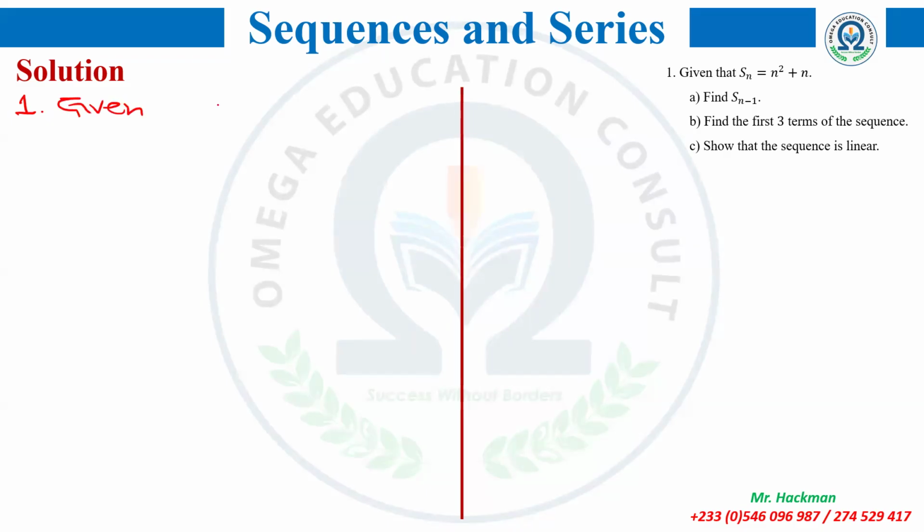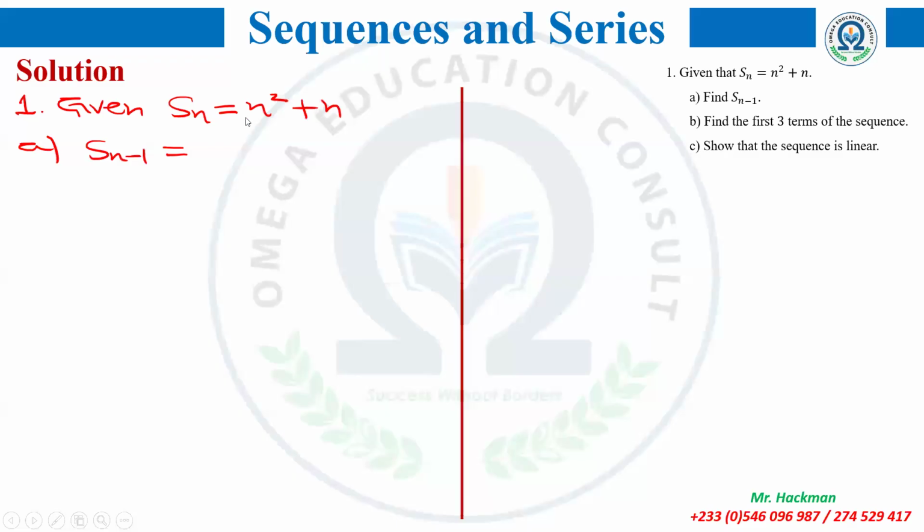I've been given my S sub n, and that is equal to n squared plus n. Now (a), what am I supposed to find? I need to find S sub n minus 1. Remember I told you, the sequence usually works the same way as a function works, because this is S sub n.